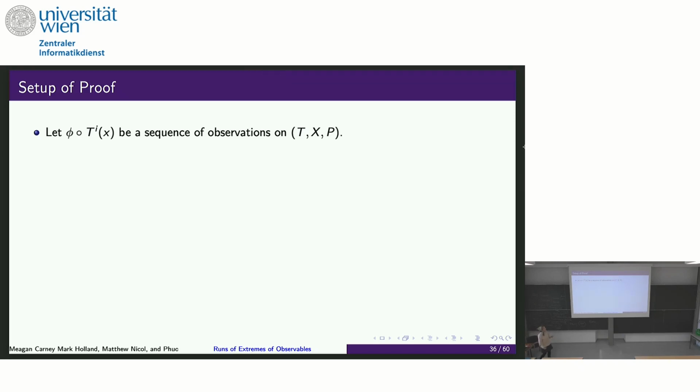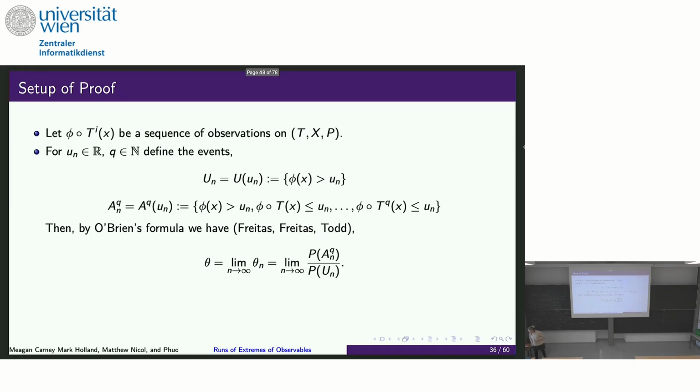Okay, so here's just an outline of the proof. First, we have to set it up, and then we'll do an outline. We're going to consider the observable taken on iterations of a map, our map, so A, B, or C. We're going to choose these sets Un, where our observable is greater than our threshold, and A and Q, where we start really close to the invariant set or singularity, but then we move out for Q iterations.